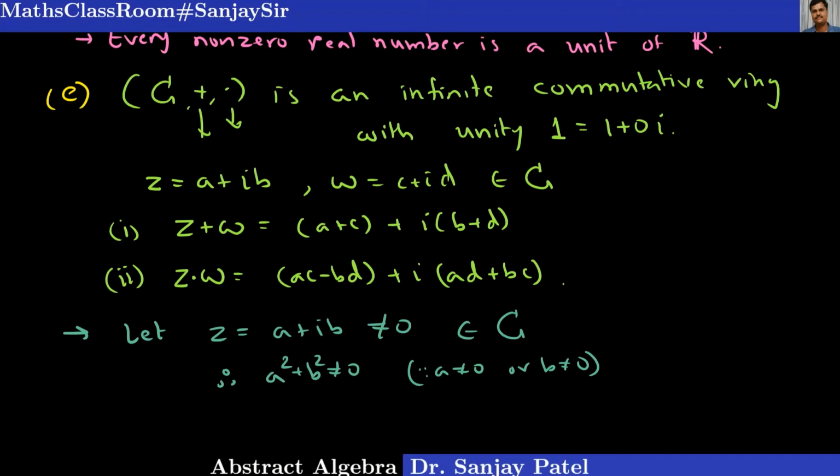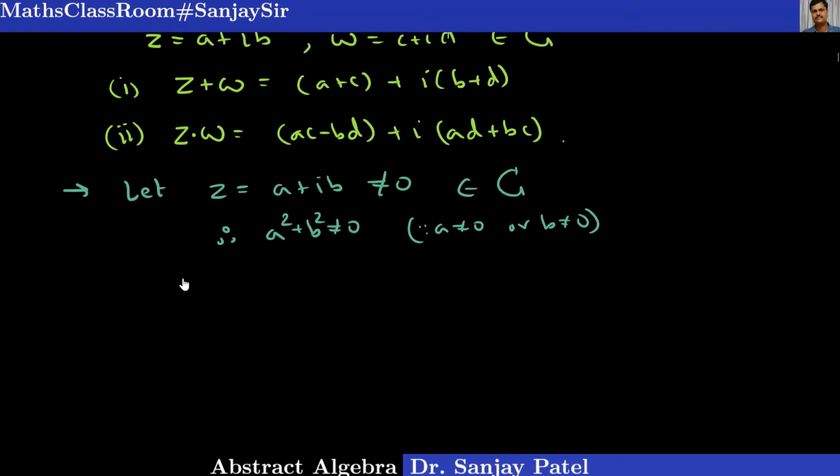Then I can define, you know this very well from your complex analysis or study of complex numbers from school, that if you have a non-zero complex number, then you can define another complex number w like this: a upon a square plus b square plus i into minus b upon a square plus b square.